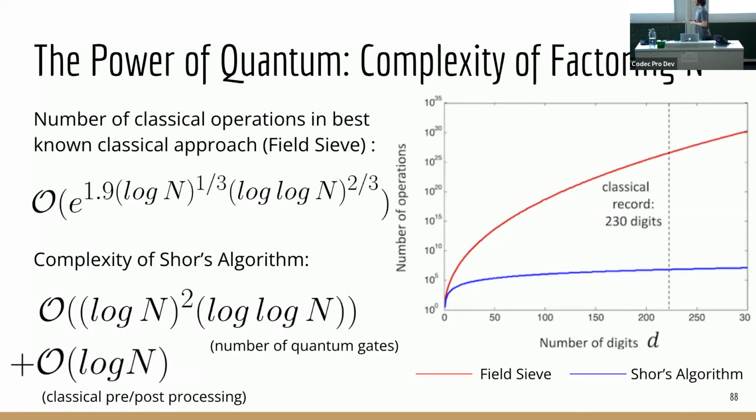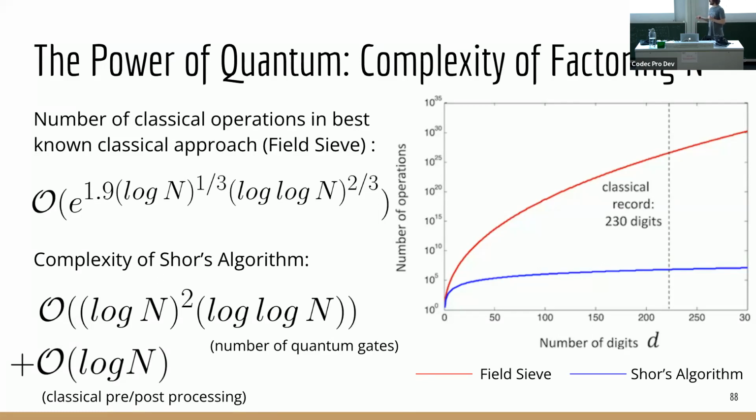To dive a little bit deeper into how much quicker this works, the best known classical way to factor an integer is with the so-called general field sieve method. In this O notation here, n is just the integer itself, and this is the time it will take with big O notation to factor it.